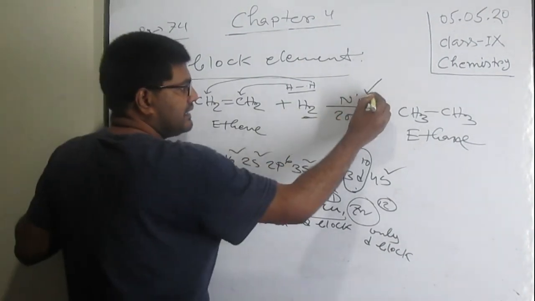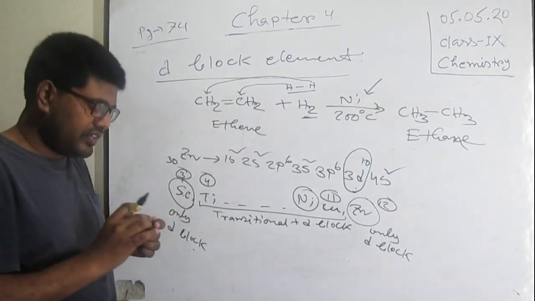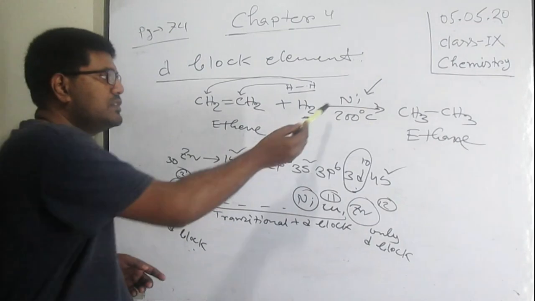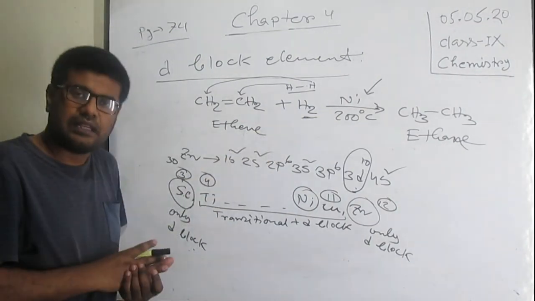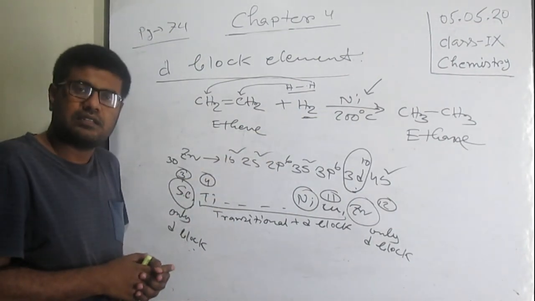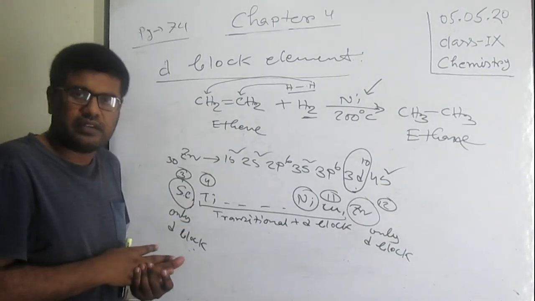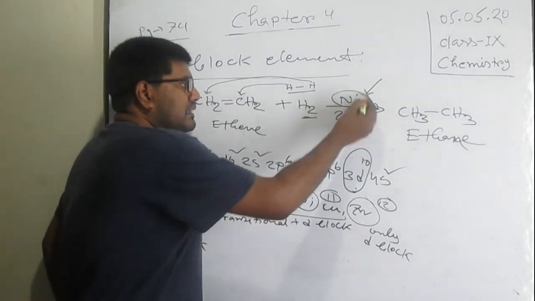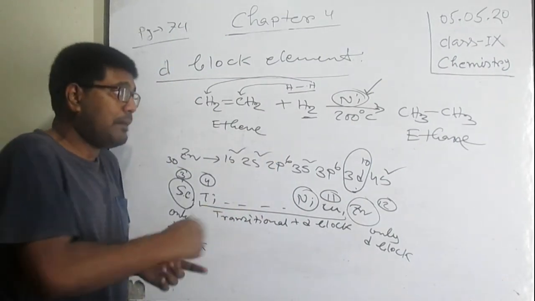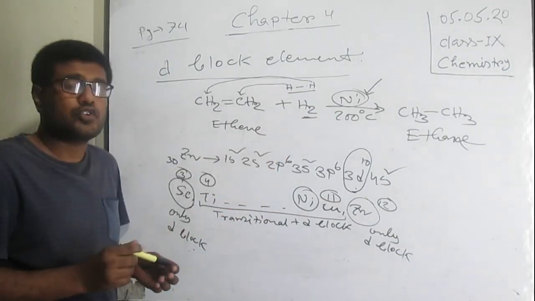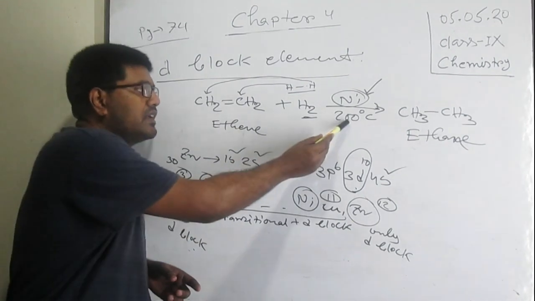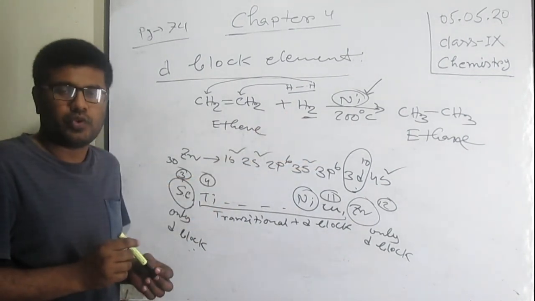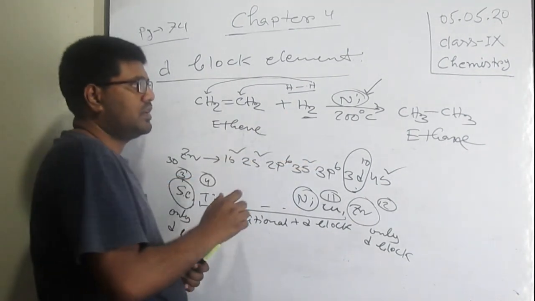Here nickel is the catalyst. You know the definition of a catalyst. If any species, any reagent, any chemical increases or decreases the rate of a chemical reaction, then that element is called a catalyst. Here nickel is a catalyst. Without applying this catalyst, this reaction will not occur at 200 degrees Celsius temperature.